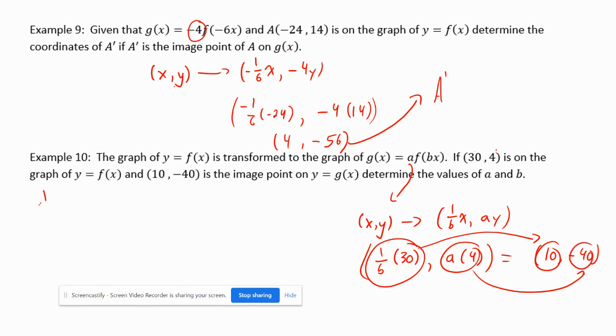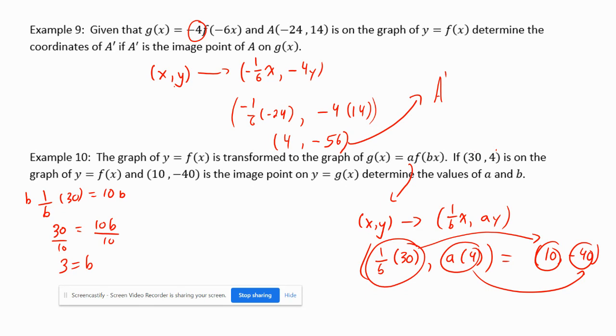So if I go 1 over b times 30 equals 10, I'm just going to multiply both sides by b. So I get 30 equals 10b, divide by 10, divide by 10. That means I get 3 equals b. Okay, my b value is 3.